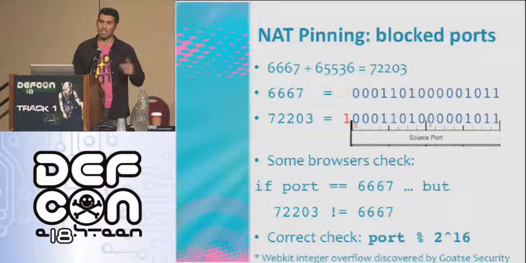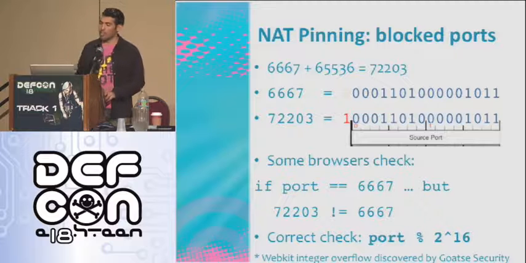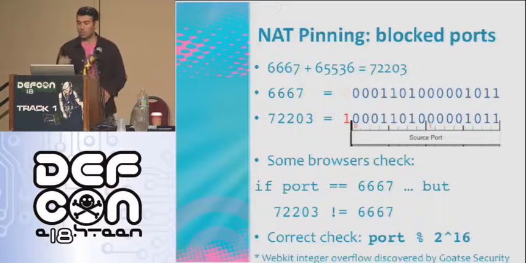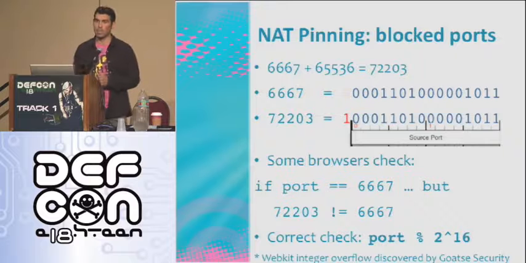Your browser says, oh, that's not 6667. This will go fine. It gets sent to the TCP stack, which then shortens it, and now you have 6667. I did not think of this. It was actually the respectable security group, Goat-C Security, that came up with this. Very good people. Very awesome.